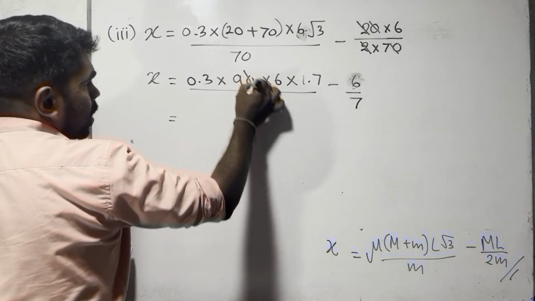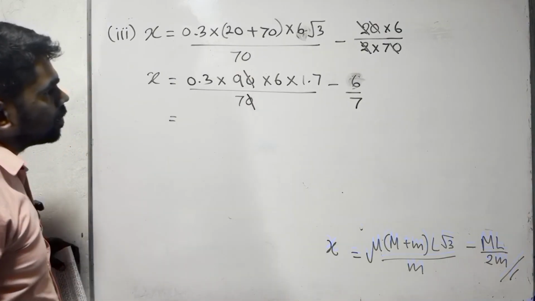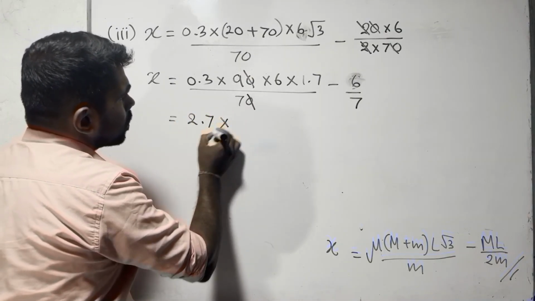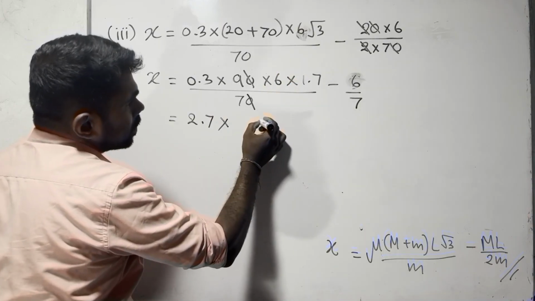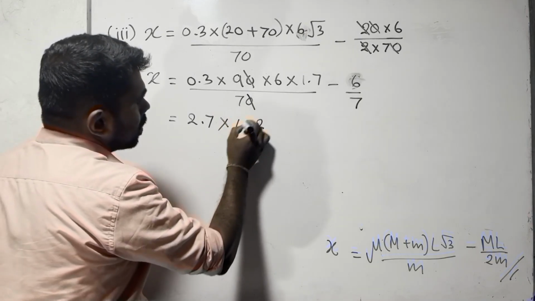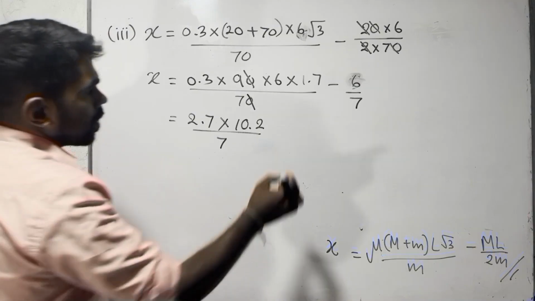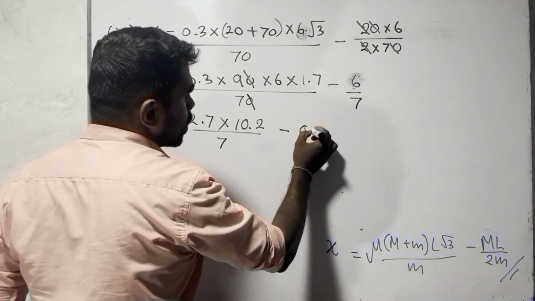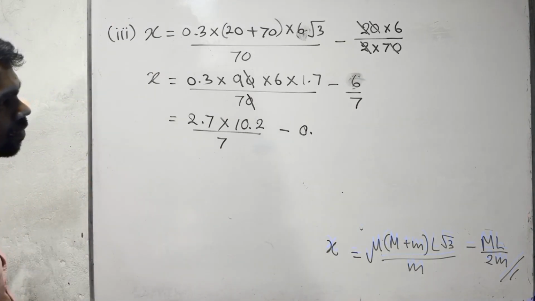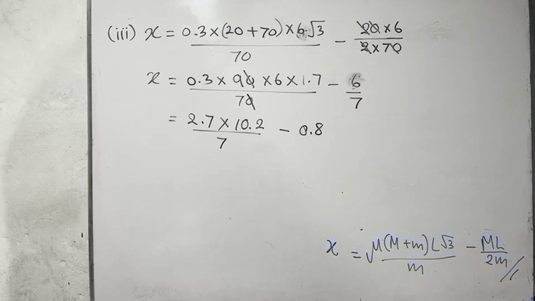We can cancel out 1 zero. 9 into 3, 27, so 2.7. Multiply by 6 into 7, 42, 4 remaining. 6 into 1, 6 plus 4, 10. 10.2 divided by 7. Minus 6 divided by 7, 0.8. I will get up to the first decimal place.